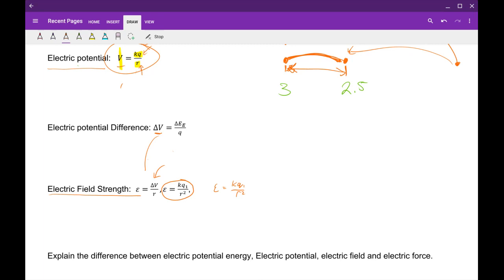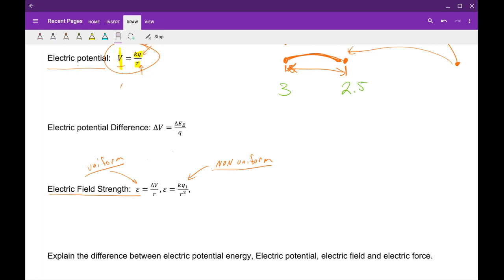That idea, the potential difference, the way of keeping track of the energy, allows you to figure out the field strength in a uniform field, though. So this formula here is used for a uniform field, whereas this formula here is used for a non-uniform field. And that's the idea with those two.